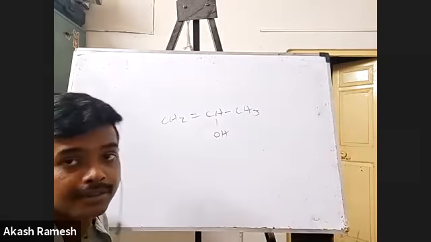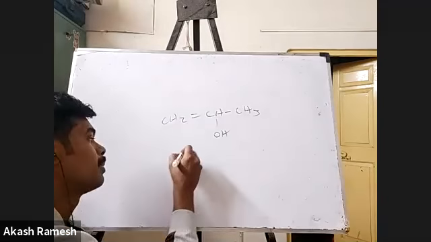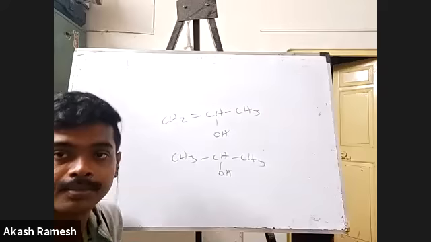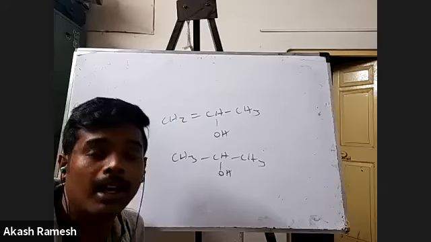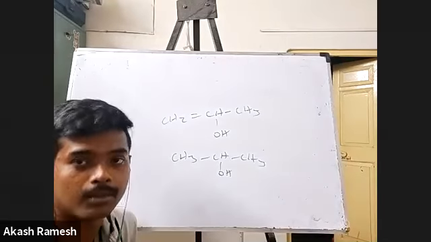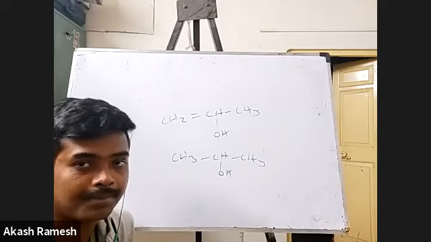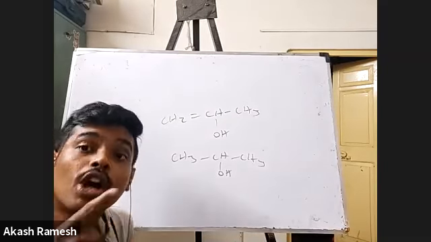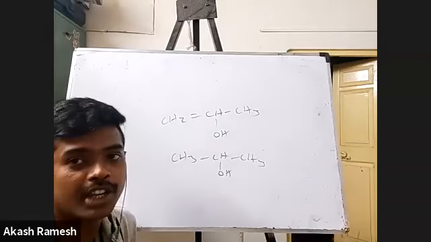Now I want to compare it with this and know which is going to be a better acid. Obviously, I know alcohols, as I told you, are acidic in nature. Now how will I do it? You have to go for the stability of the conjugate base.